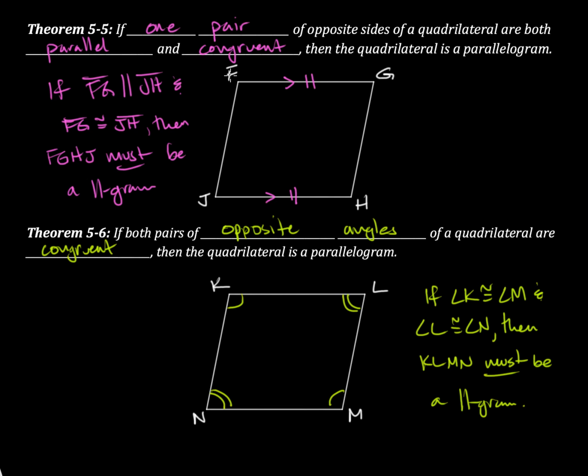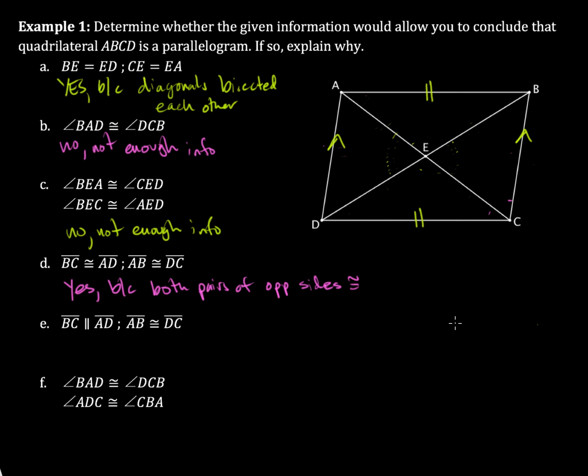But if I go back and look, it says if one pair of opposite sides is both parallel and congruent, that's when we have a parallelogram. In this case, that's not what we have, right? We have one pair parallel and a different pair congruent. So we have to say on this one, no, not enough info. It doesn't match with what the theorem says makes a shape a parallelogram.